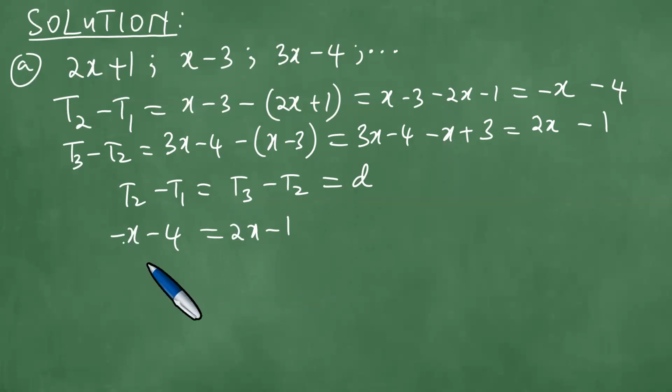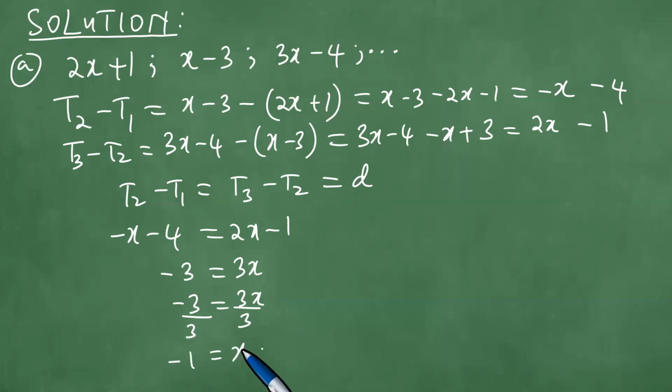So you can transpose the x, giving us 3x, and then minus 4 plus 1, which is minus 3. Divide the left by 3 and the right by 3, getting minus 1 equals x. The first question was to find x, and this implies that x equals minus 1.